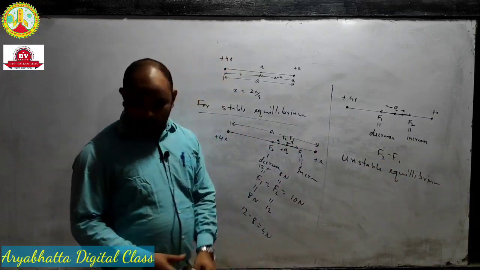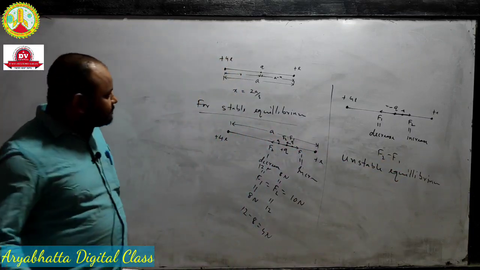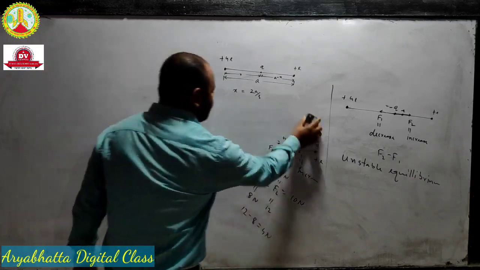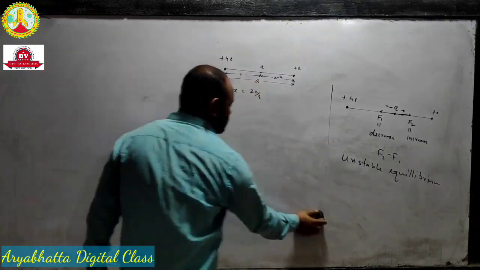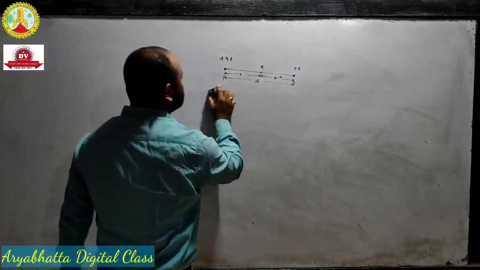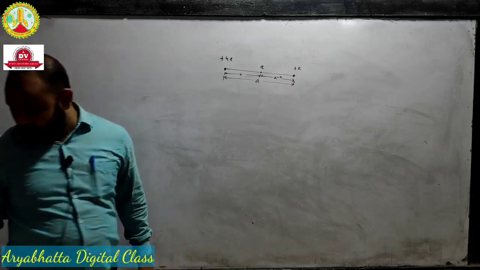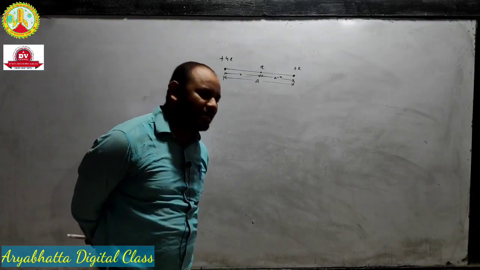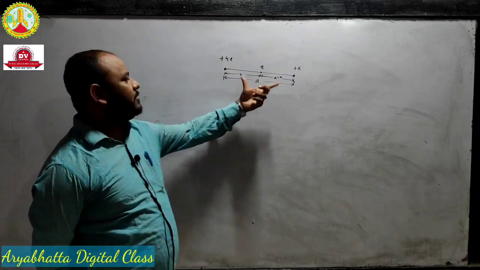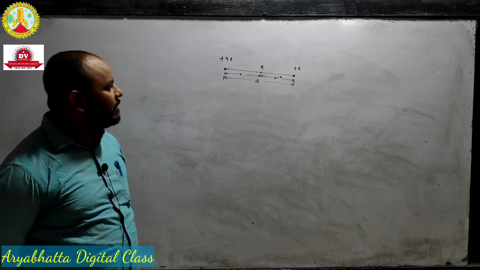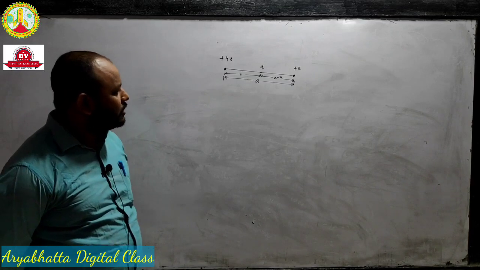Okay. And the next question is, suppose the same question I can take. These are the 2 point charges, plus 4e and plus e, and they are separated by a distance a.